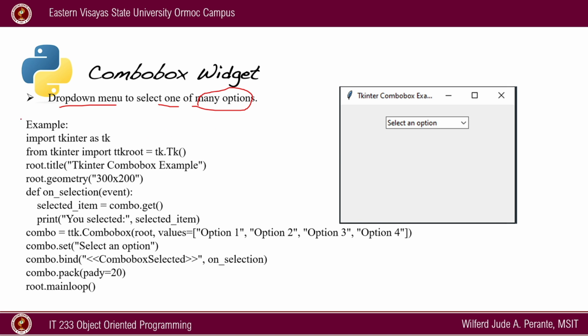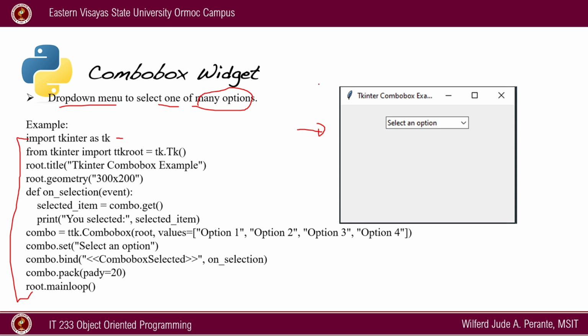So now I have here an example code. We have an example code, and the output is like this. So again, we're going to import our Tkinter library using import tkinter as tk, and we're going to create the main window.